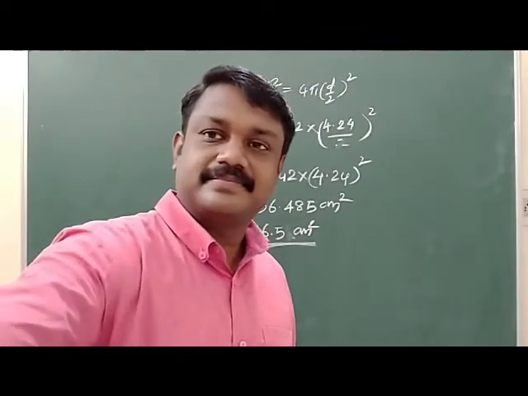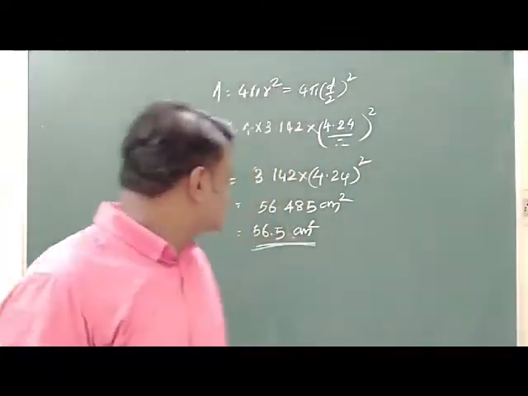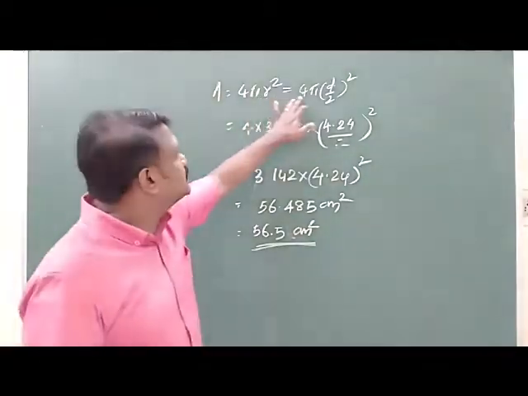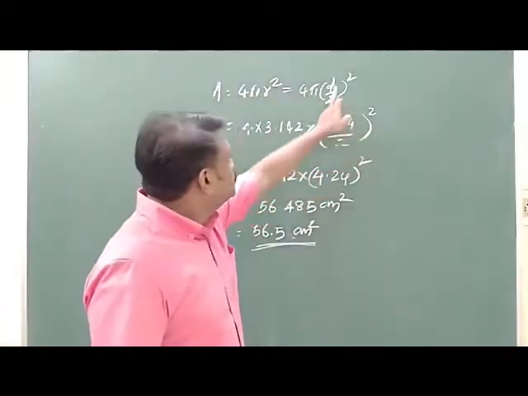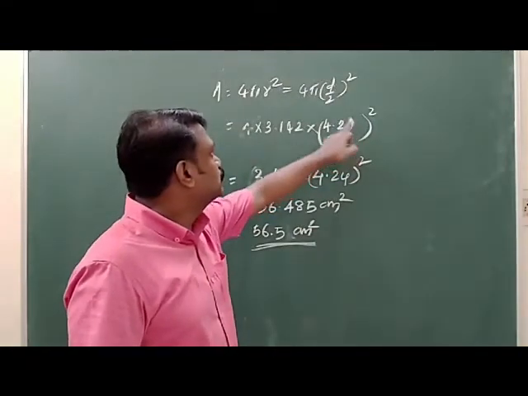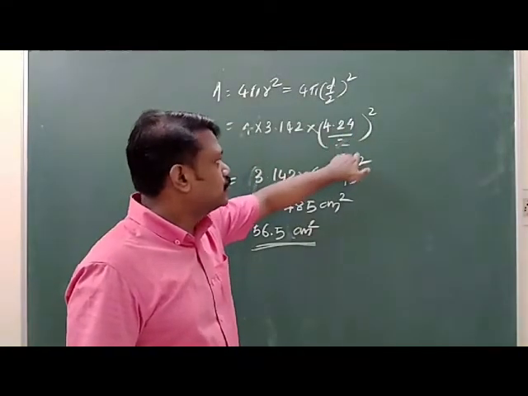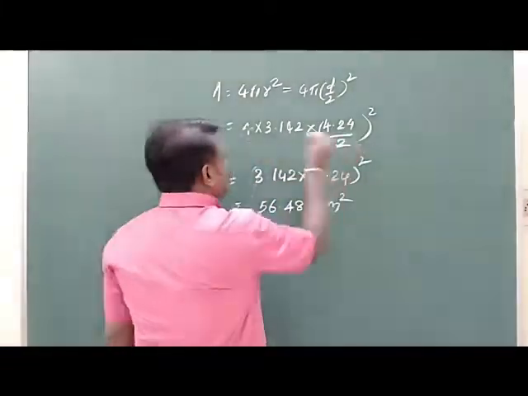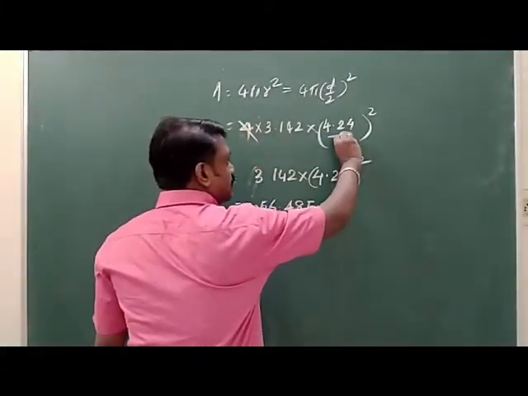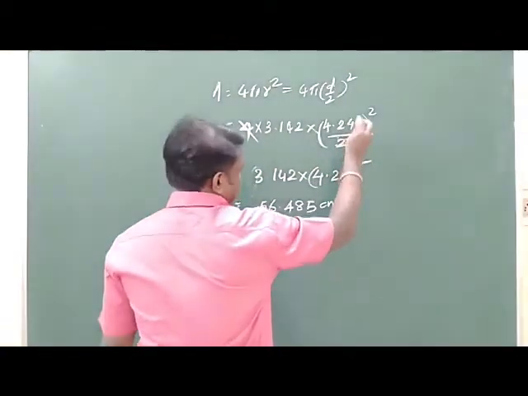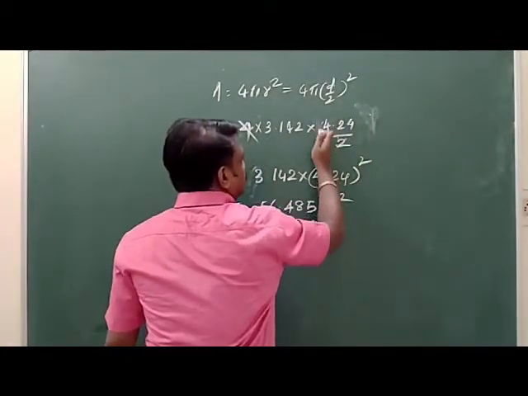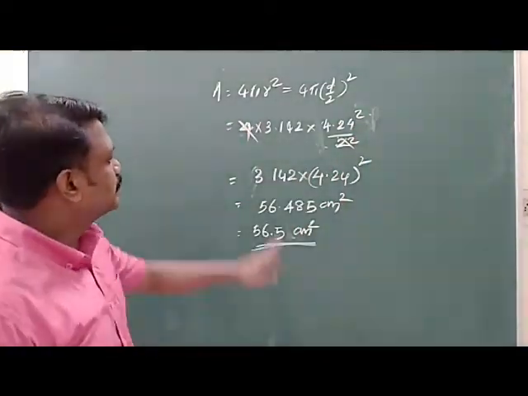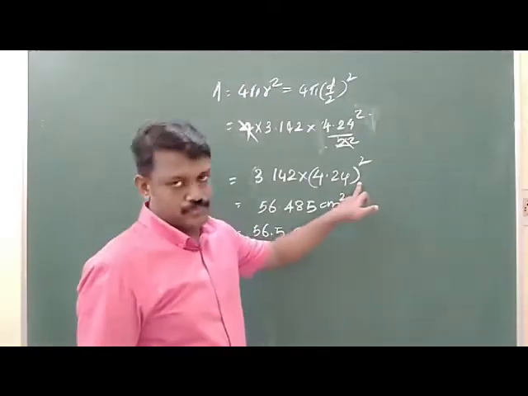Okay. Is it correct? You just take the area equal to 4 pi r square, that is 4 pi into d by 2 square. So d is 4.24 centimeter, and d by 2 will become 4.24 divided by 2 whole square. So 4 and 2 square will cancel. That will remain 3.142 into 4.24.